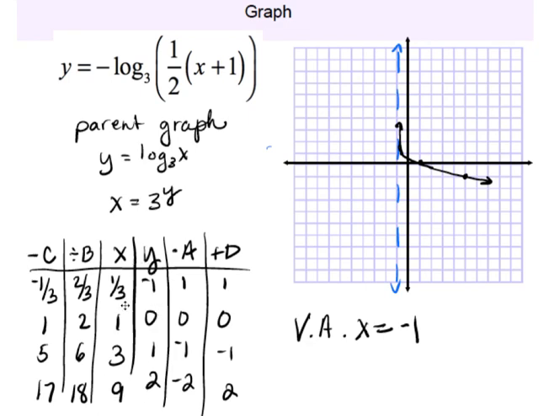So I took my parent function values, I divided by b. I took my x's, divided by b, which is like multiplying by 2. I subtracted c, that meant I was subtracting 1. And to my y's, I multiplied by a, which was -1, and I added d, which was 0 and did nothing. My vertical asymptote is at x equals -1. I plotted my points, and I graphed. That is the lesson for today.